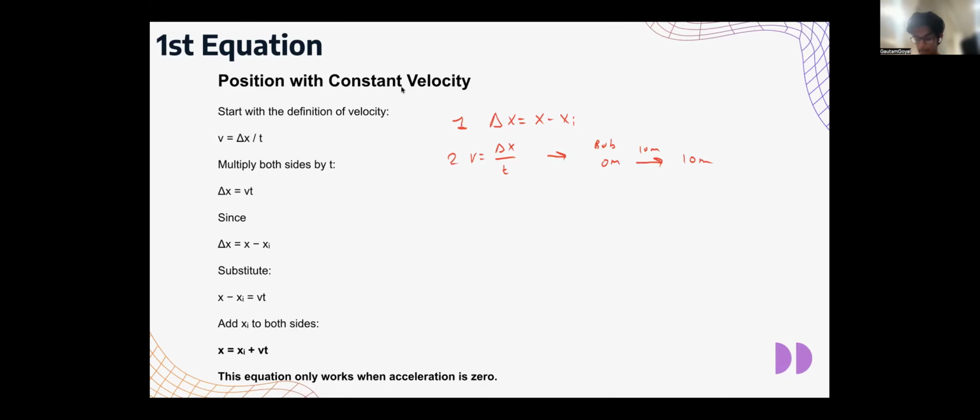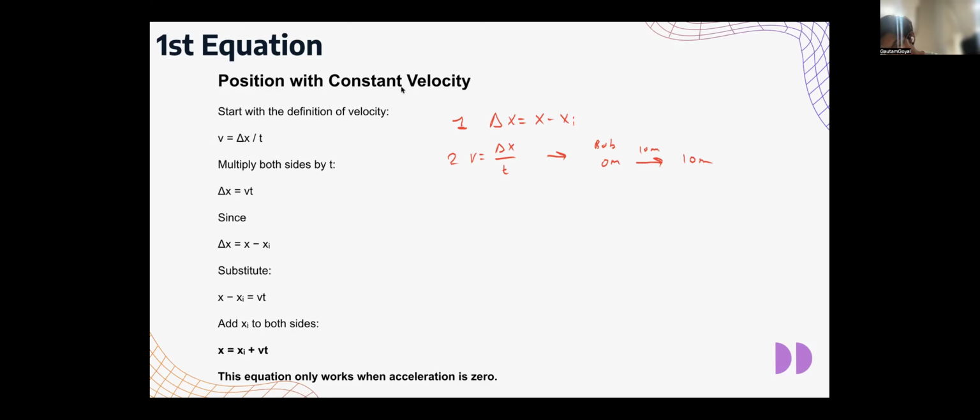He goes up 10 meters, and this change from 0 to 10 is 10 meters. You can relate this back to the first equation. That's just the change in how much distance he covered: 10 minus 0 equals 10.